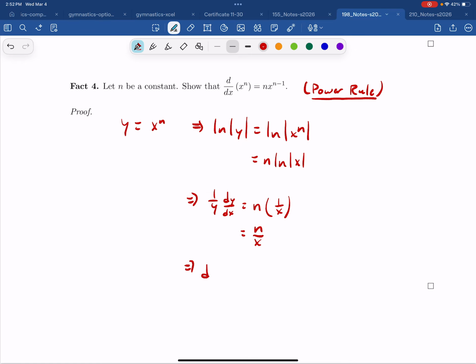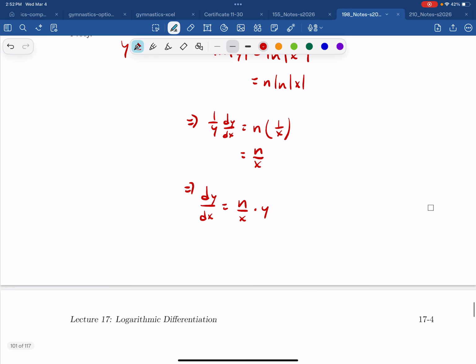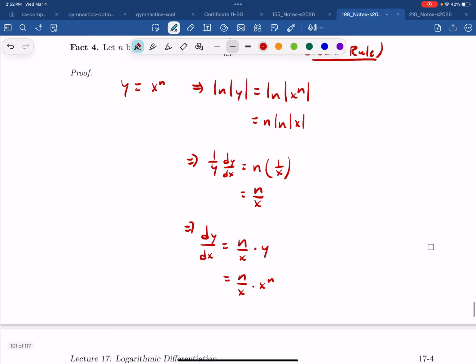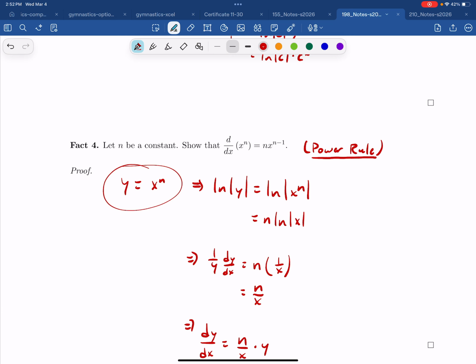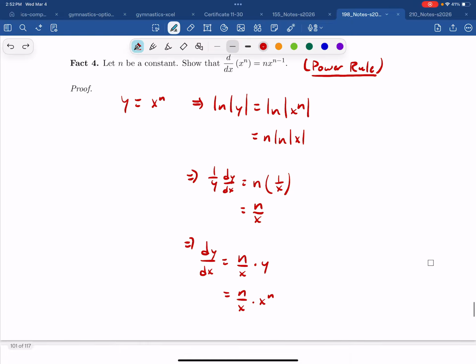And then this implies that dy over dx equals n over x times y, which is n over x times x to the n, right? Because y equals x to the n. That's what we started with. Just highlight that. Okay.